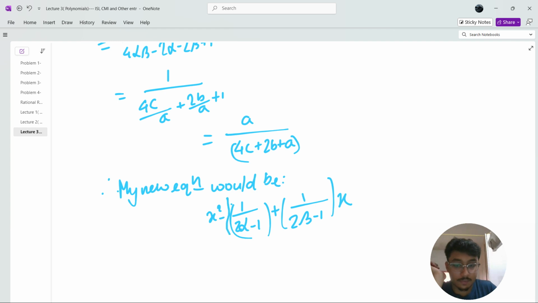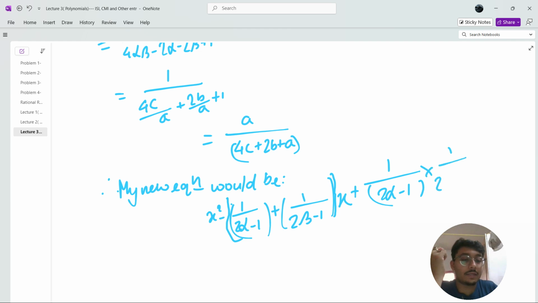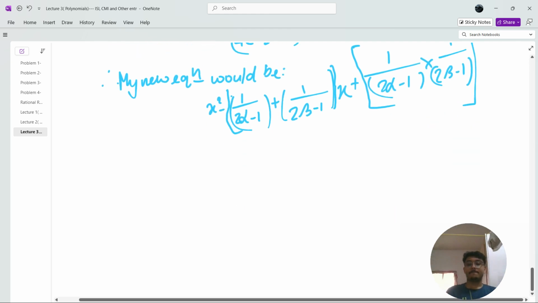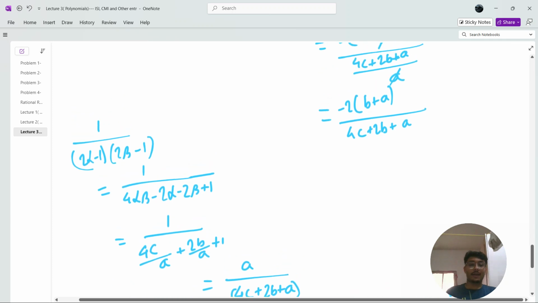This is my summation of the roots plus my product of the roots, that is 1 by 2 alpha minus 1 into 1 by 2 beta minus 1. This result, what had I got?